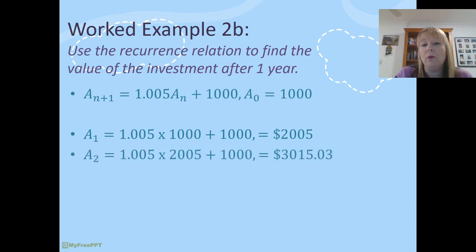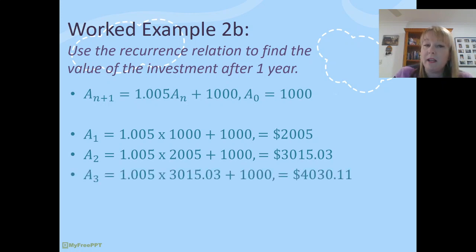Now A2, that 2005 drops down into the recurrence relation and replaces the 1,000, which was the value for AN, because now we're using the previous period's future value to calculate the new value. So now I've got a future value after 2 compounding periods of $3,015.03. So basically after 6 months, that's how much money I'm going to have.